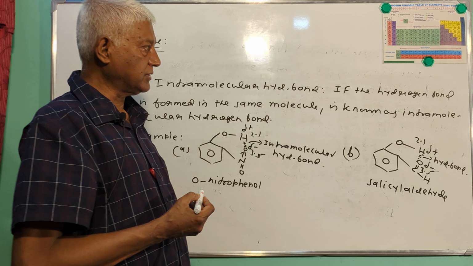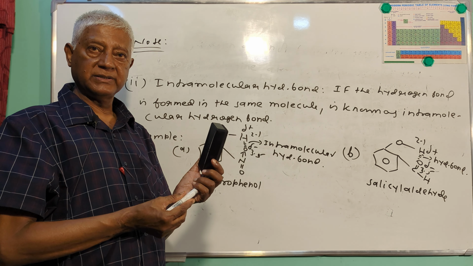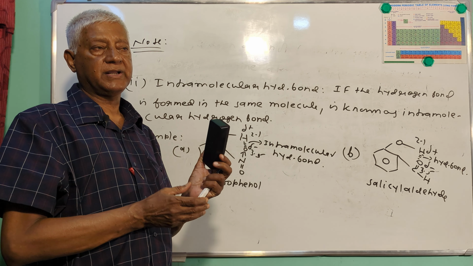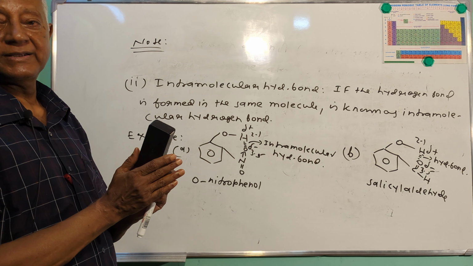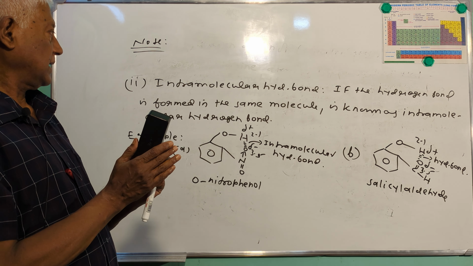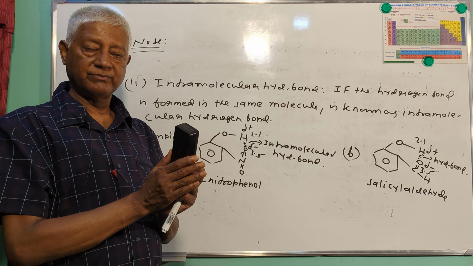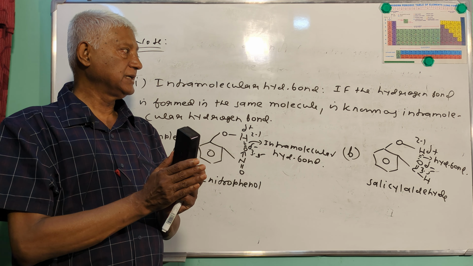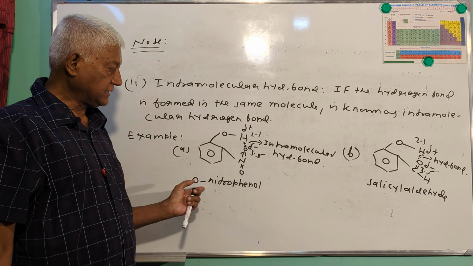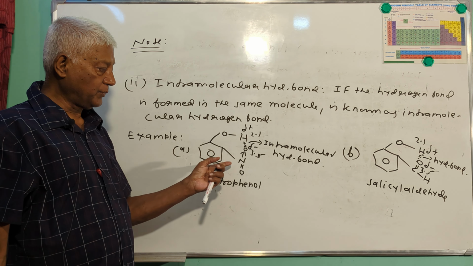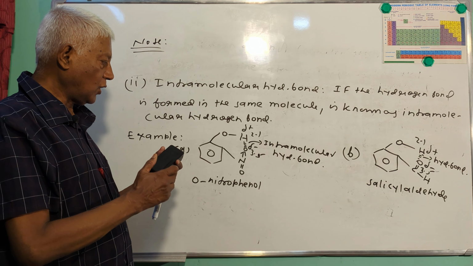So when we talk about the type of the hydrogen bond, if the hydrogen bond is formed between two different molecules of the same compound, that is known as intermolecular. Second one is intramolecular. If the hydrogen bond is formed in the same molecule, it is known as intramolecular. Same single molecule. So in this case, that is the OH group, that is the nitro group. So the name of this compound is orthonitro.